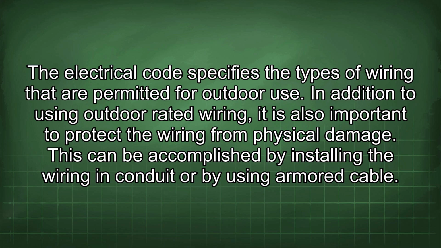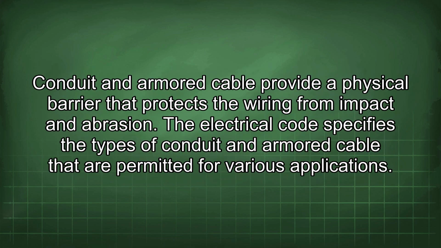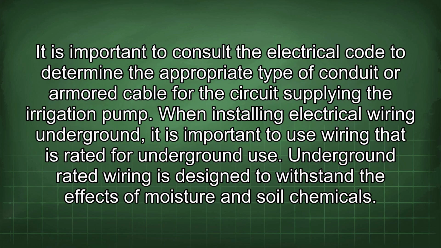This can be accomplished by installing the wiring in conduit or by using armored cable. Conduit and armored cable provide a physical barrier that protects the wiring from impact and abrasion. The electrical code specifies the types of conduit and armored cable that are permitted for various applications. It is important to consult the electrical code to determine the appropriate type of conduit or armored cable for the circuit supplying the irrigation pump.